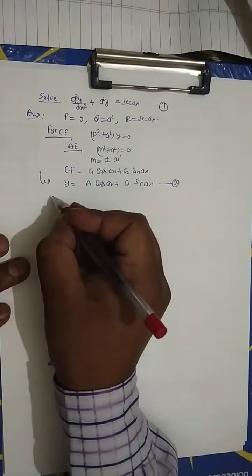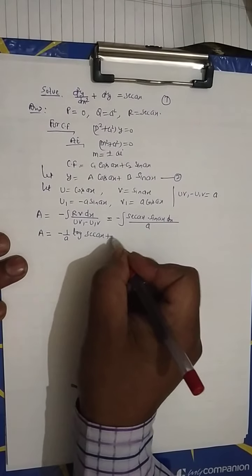Where A is equal to minus integration of Rv dx upon uv1 minus u1v, equal to minus integration of sec ax sin ax dx upon a, that is by integration minus 1 upon a square log sec ax plus c1.